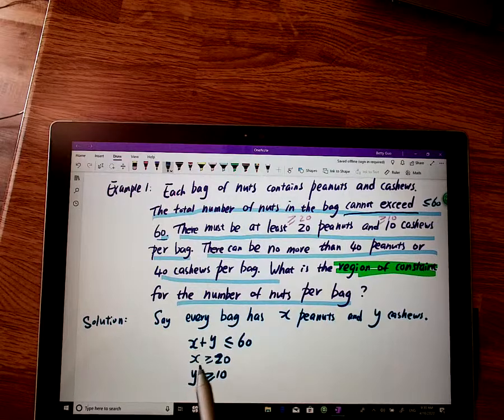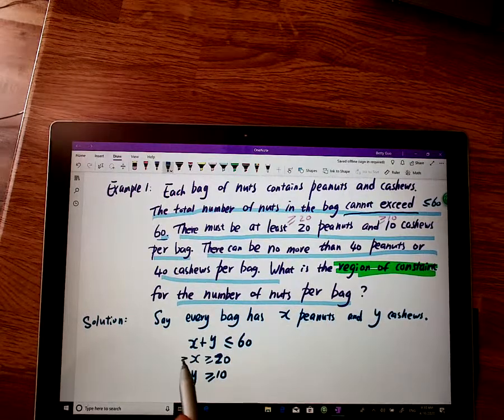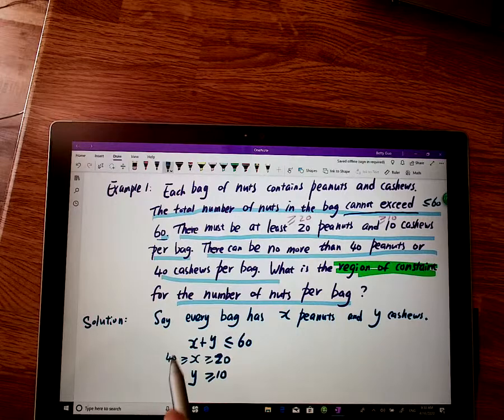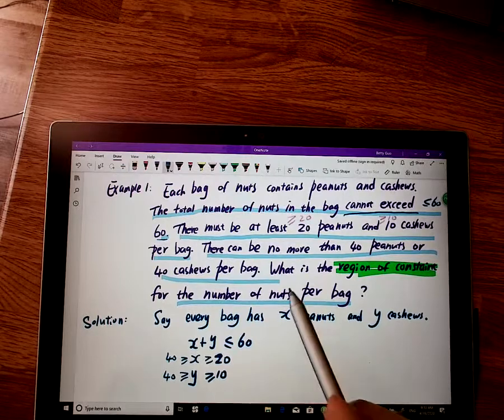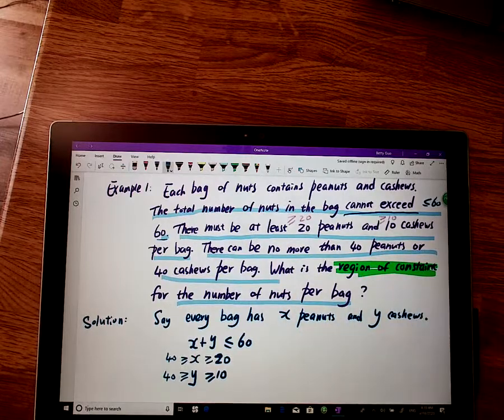So the number of peanuts in every bag is less than or equal to 40. Same with cashews. The number of cashews in every bag, which is y, is also no more than, so less than or equal to 40. Yeah, so those are the information that we have from the problem.